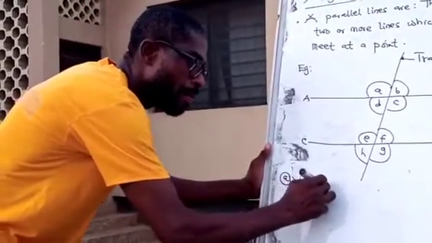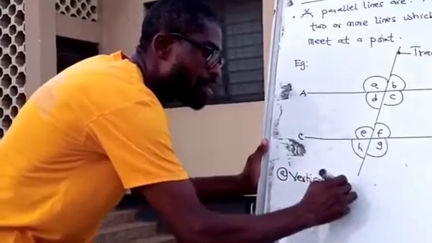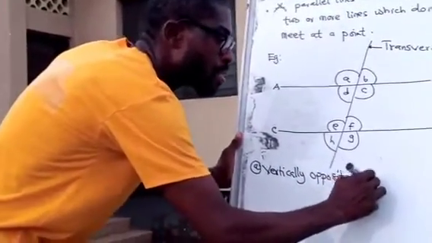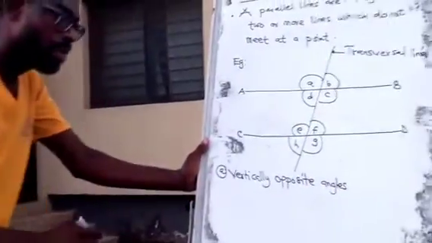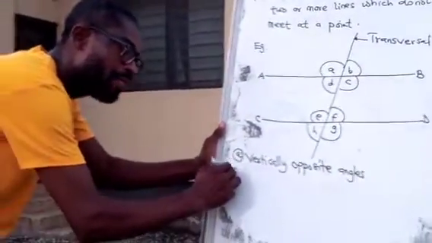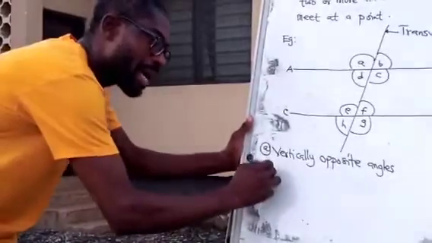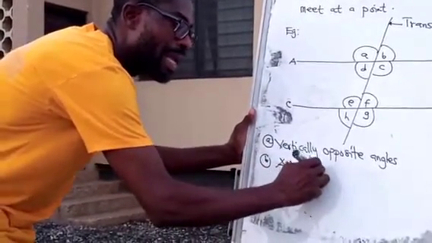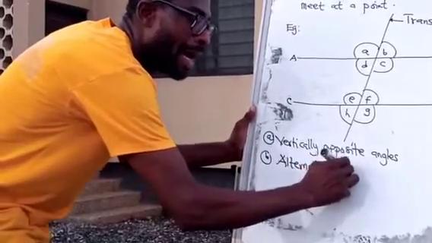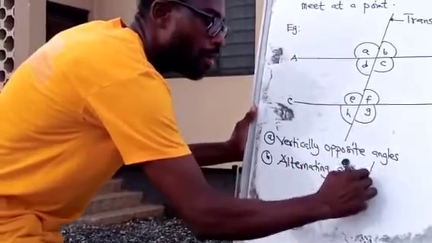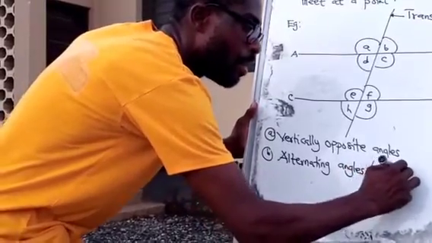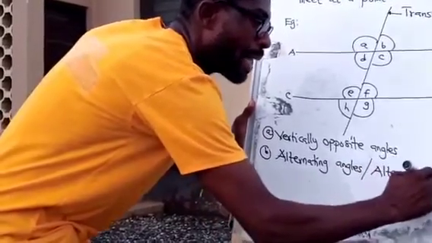When such angles are produced, we can easily identify vertically opposite angles. We can also have what is termed alternating angles, or some people will say alternate angles.